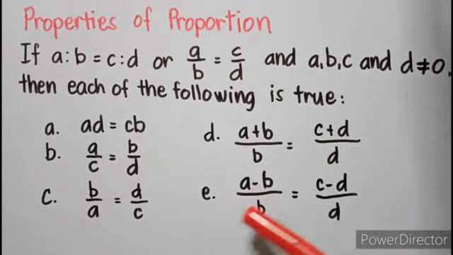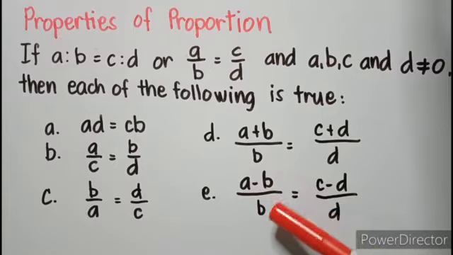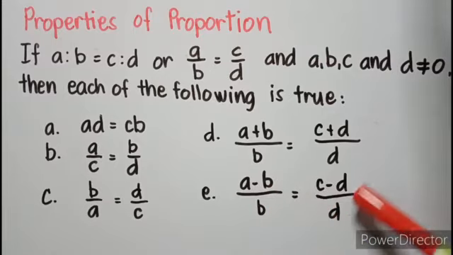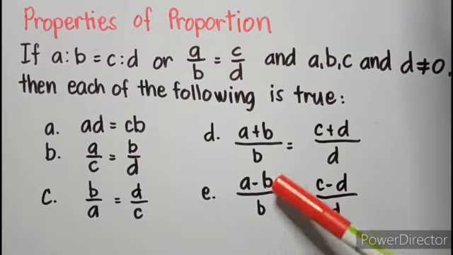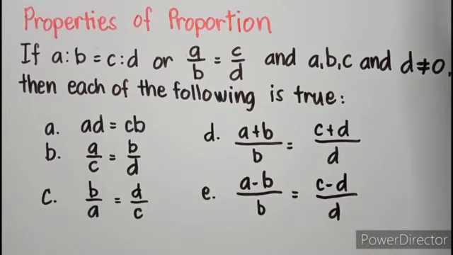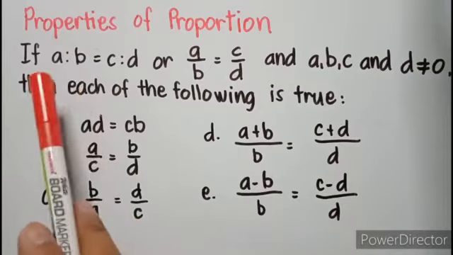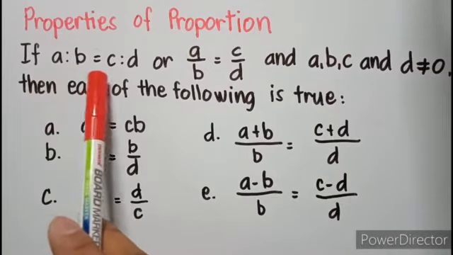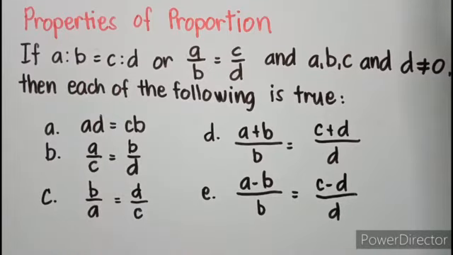Then letter E, A minus B over B is equal to C minus D over D. So we subtract the denominator from the numerator on both sides. So these 5 properties are true if it is a proportion, that A is to B is equal to C is to D.